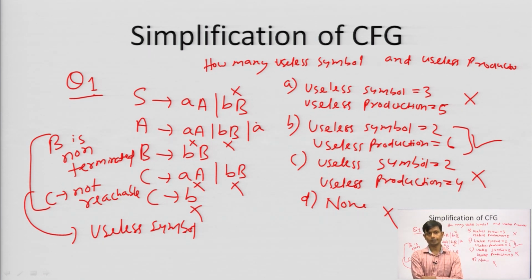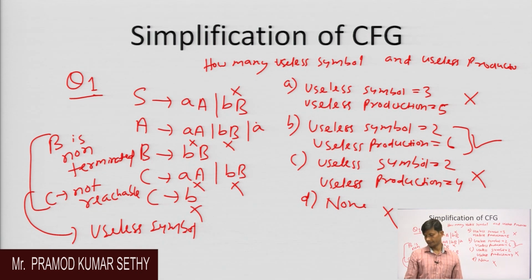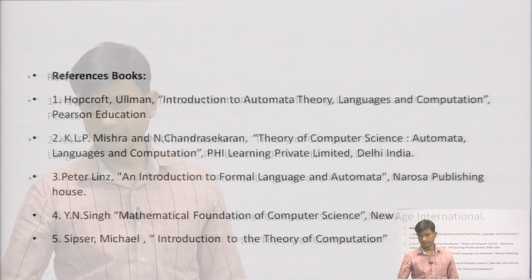After that, you can go for the Chomsky normal form, and then Greibach normal form. Next lecture we will see that, and these are the references. Thank you so much.